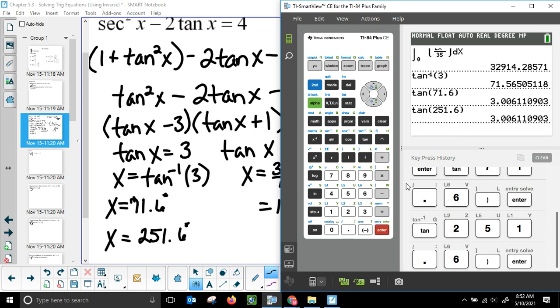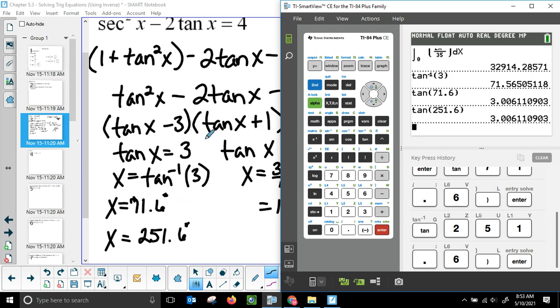It had better be 3. So we said here we wanted tangent of x to equal 3. Tangent of 71.6 equals 3, and tangent of 251.6 equals 3. So we can always test ourselves to make sure that we got the extra other solution. Does that make sense? Okay.